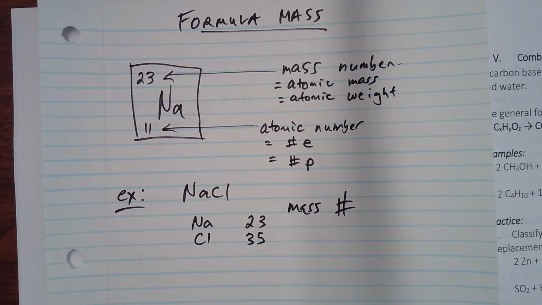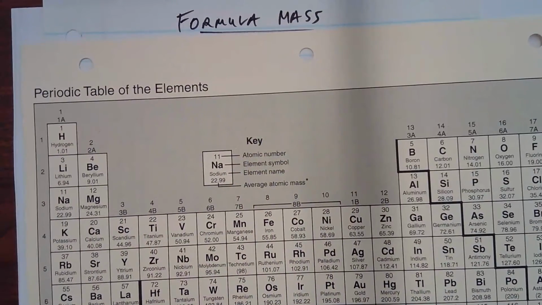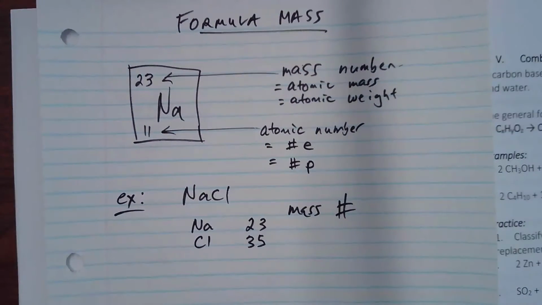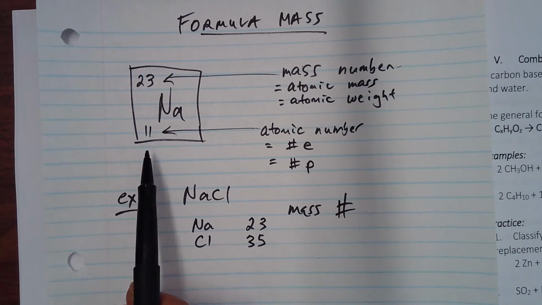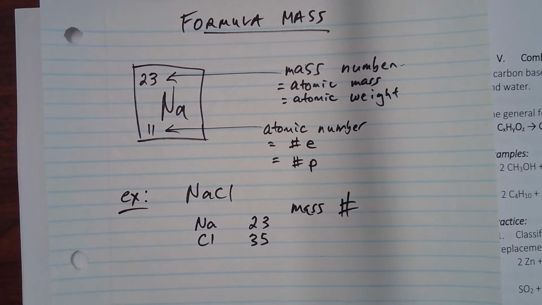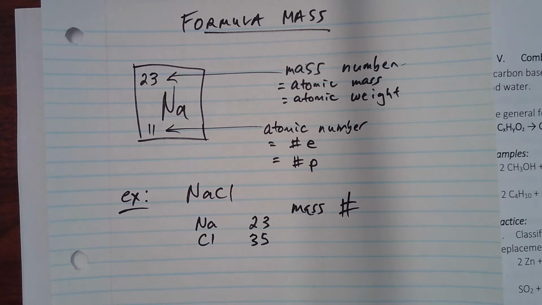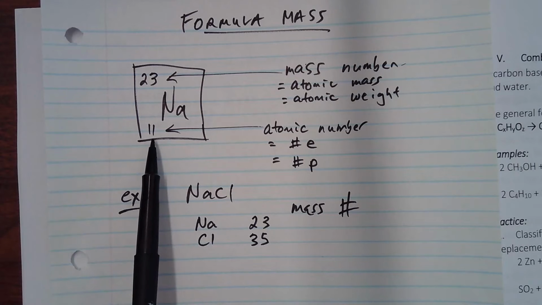Don't you have those backwards, mass number and atomic number? Is it mass number on the bottom? Yeah, it depends on the periodic table. See that periodic table? Small one on the top, big one on the bottom. Same thing with this one here that we have. But some periodic tables actually have the larger number at the top and the smaller number on the bottom. There is no convention for that one. So if you see a periodic table, you may see that this might be on the bottom.